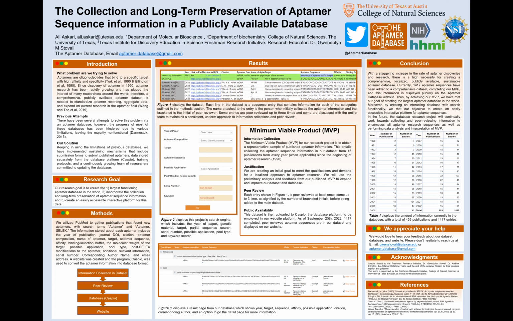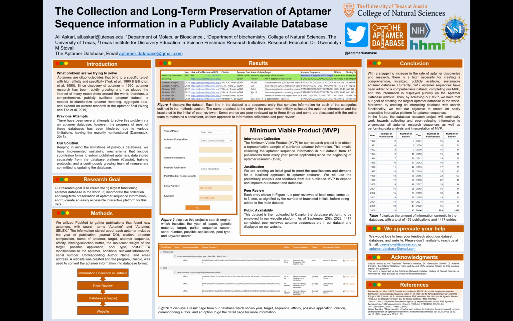As of today, this database has 1,417 aptamer sequences completed, which means they have been peer-reviewed at least once. Upon publication and release of this database to the public, this would be the largest aptamer database in the world.